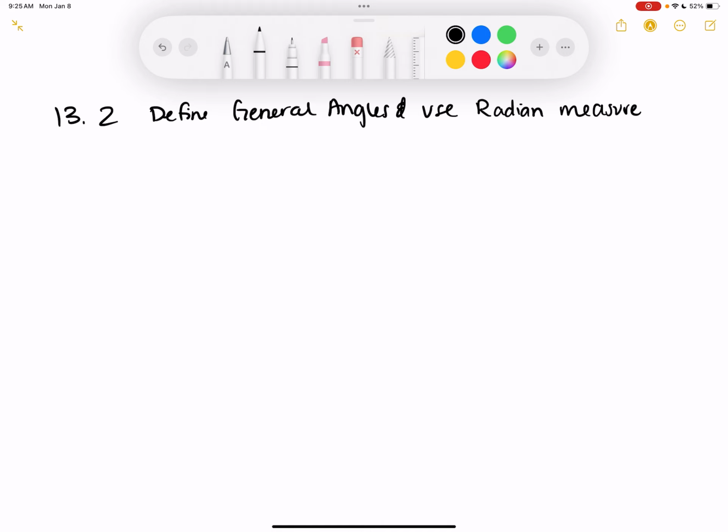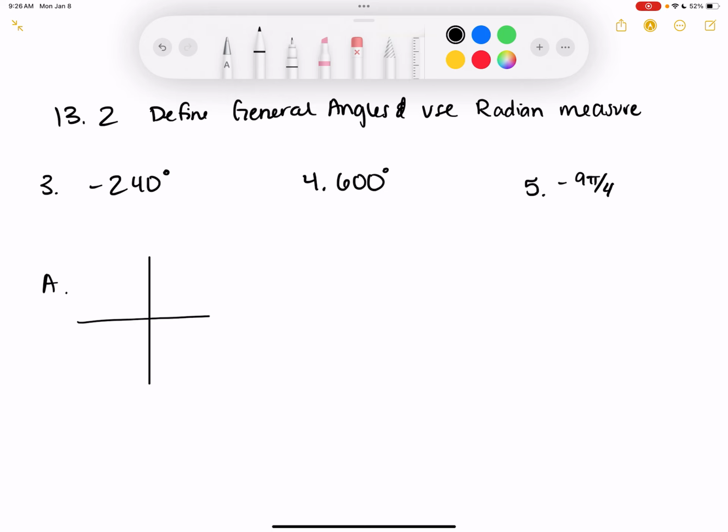It's on page 862 if you don't want to draw them yourself, and then we'll match the right answer with each problem. What did you say was that? 862.